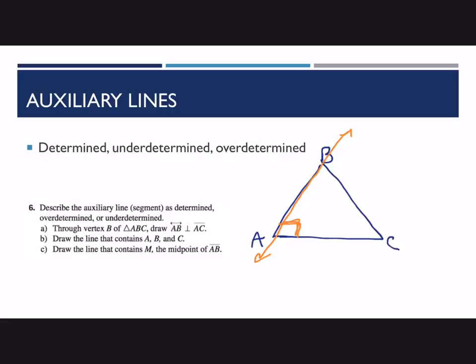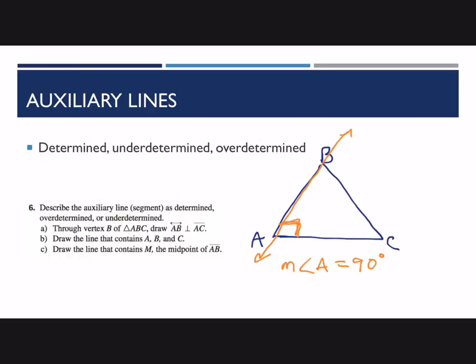All right, well notice when I do that, that forces a condition on my triangle that doesn't necessarily have to be true. So by drawing that extra line, I'm forcing angle A to be a 90-degree angle. And that isn't something that I want to assume about this triangle.